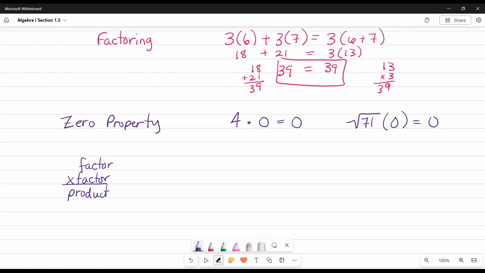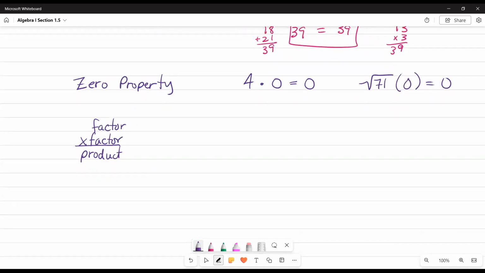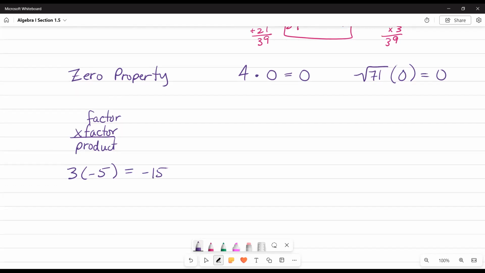So we have to look at the signs to determine if your answer is going to be negative or positive. So for example, if we have 3 times negative 5, what's the answer to 3 times negative 5? Negative 15. And let's see how that works in addition.